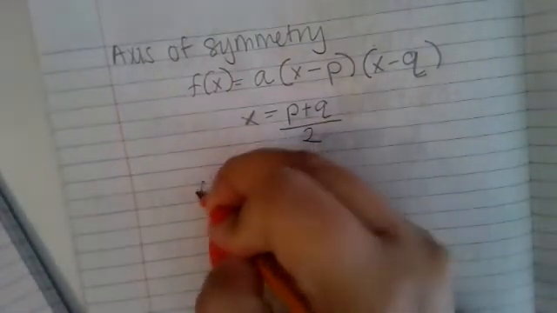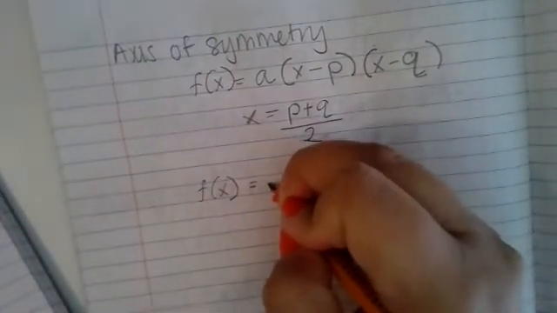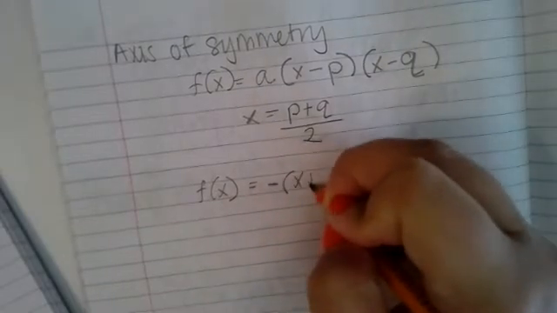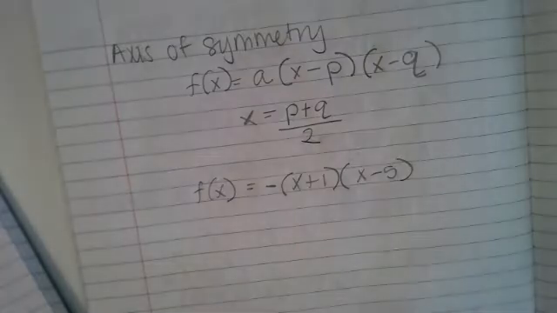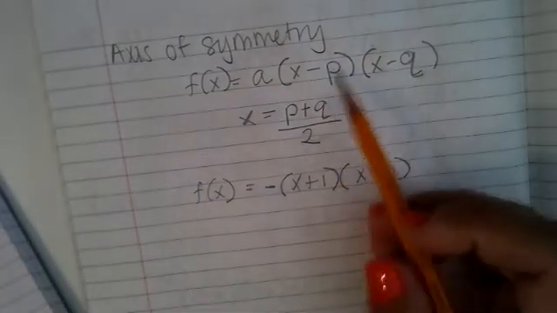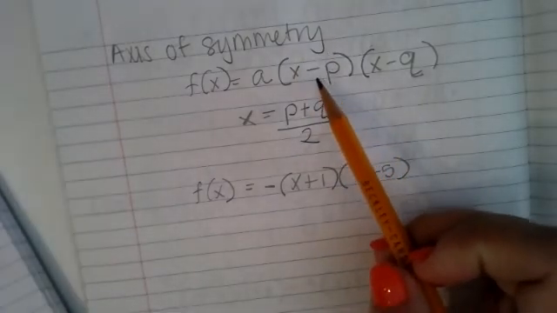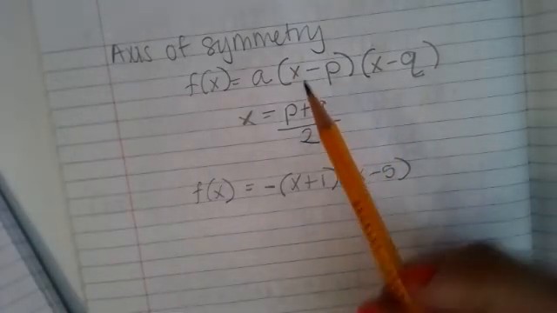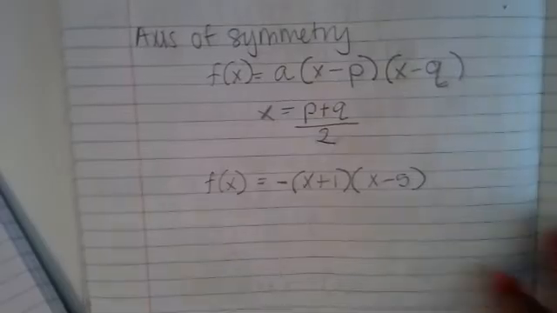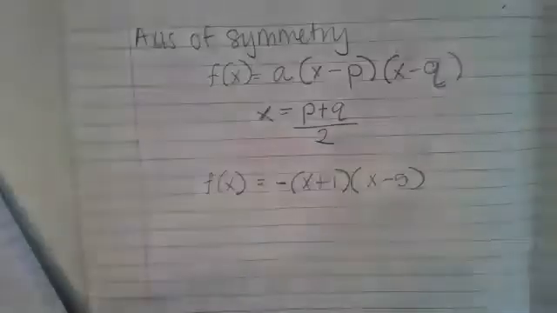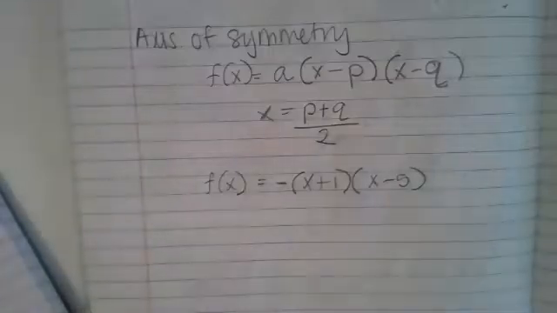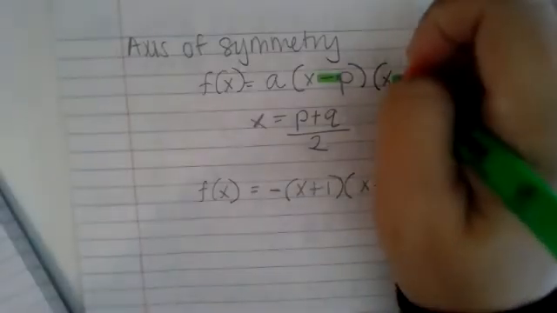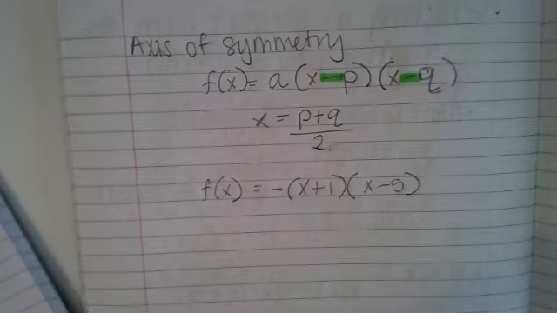So let's take a look at what that means. If I have f of x is equal to negative times the quantity of x plus 1 times the quantity of x minus 5, then please keep in mind, this is the part that's going to mess some people up, that in my formula here, this is a subtraction, okay?